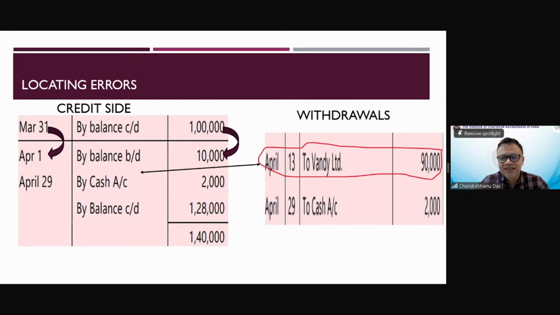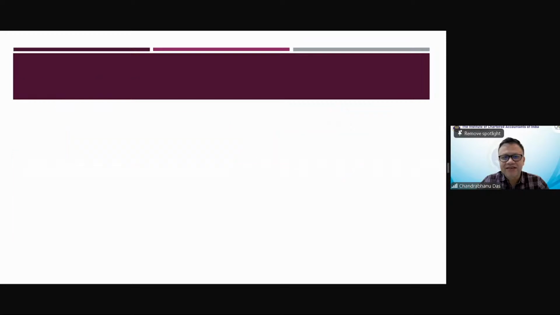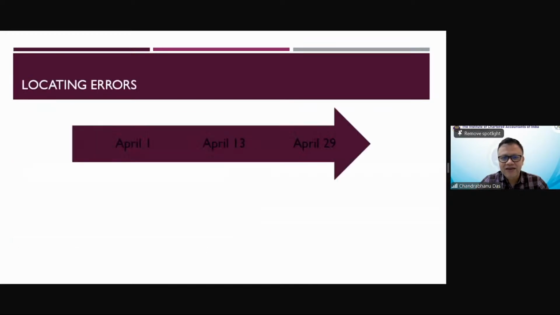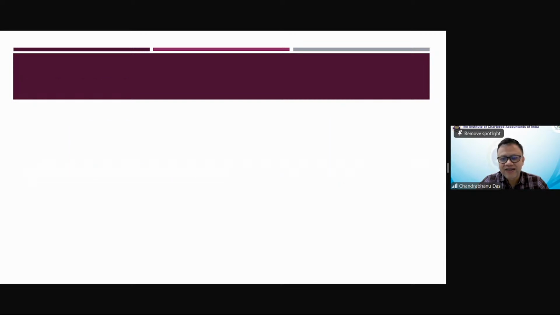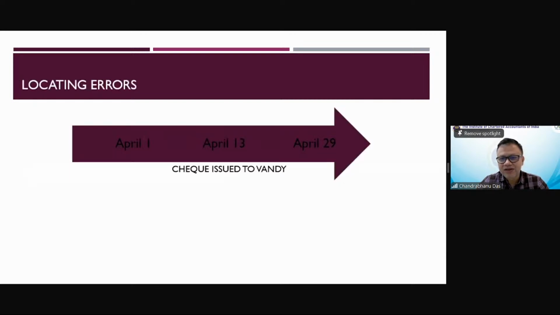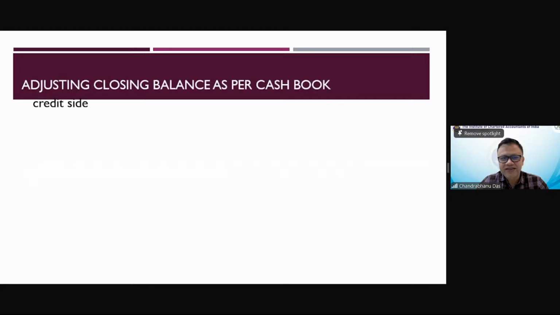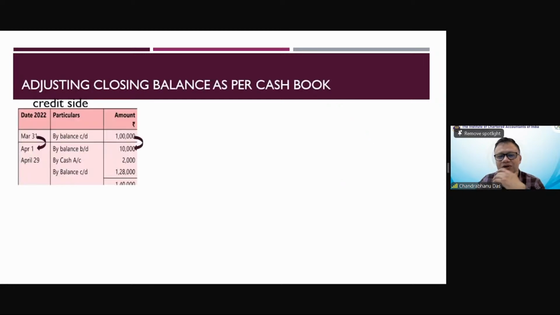So this entry has been omitted, because on April 1 to 29, in sequence, they are not finding the Vandy Limited transaction. On April 13, a check was issued to Vandy, which is not there in April 1 to April 29. We're not finding it. Now you have to adjust this closing balance.